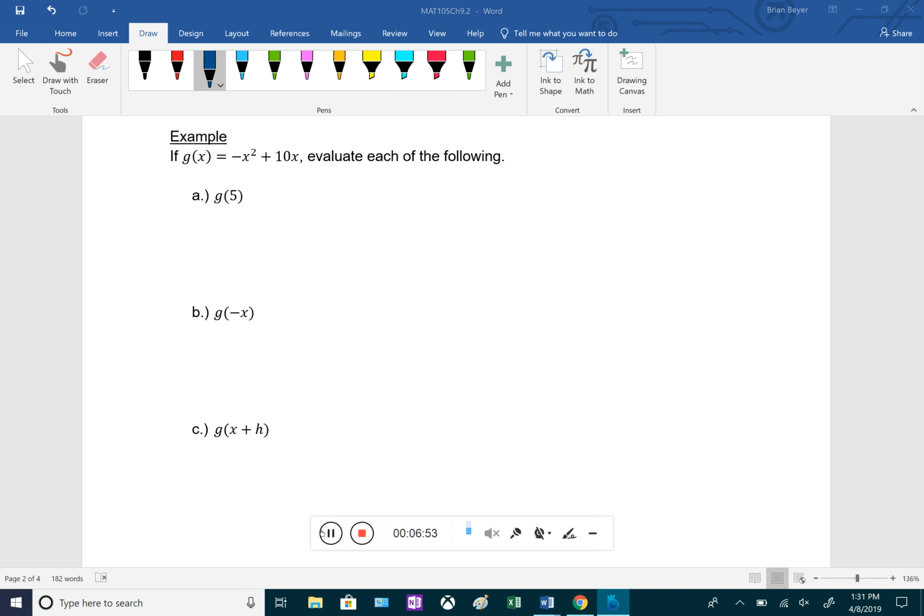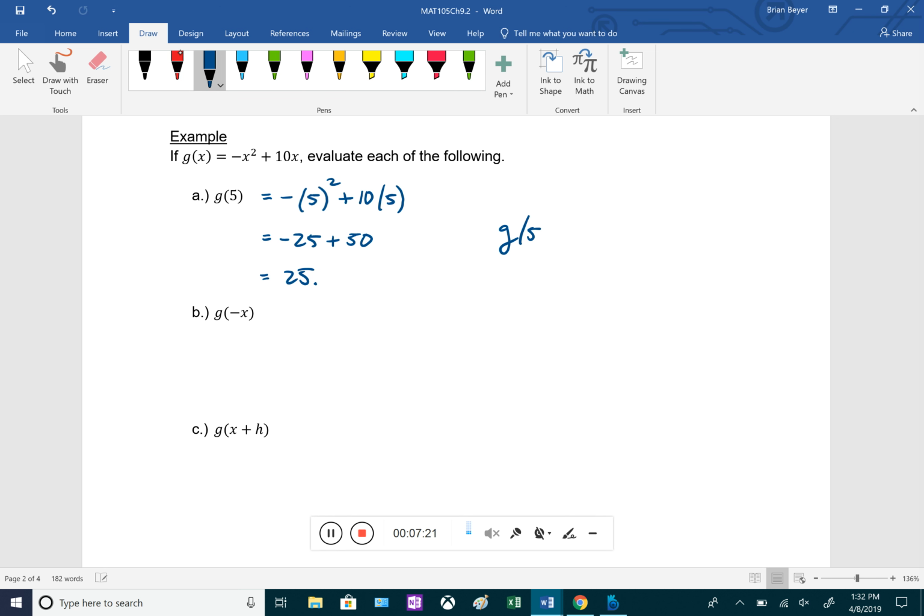Okay, we'll do one more here. So we have g of x equals negative x squared plus 10x, and we want to evaluate g of 5. So plugging in a 5, we have negative 5 squared plus 10 times 5. So negative 5 squared, PEMDAS exponent first, that's negative 25 plus 50. That gives us positive 25.